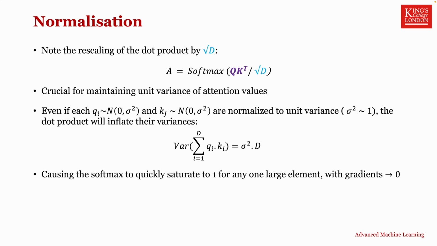Thus, to ensure that the variance of the tokens remains the same, we need to scale variance back by a factor of 1 over d, which means that since the queries and keys are multiplying together, we need to divide each of them by a factor of square root of d, such that then the variance will sum to 1, otherwise the elements will quickly grow, pushing the softmax to 1 with gradients tending to 0.